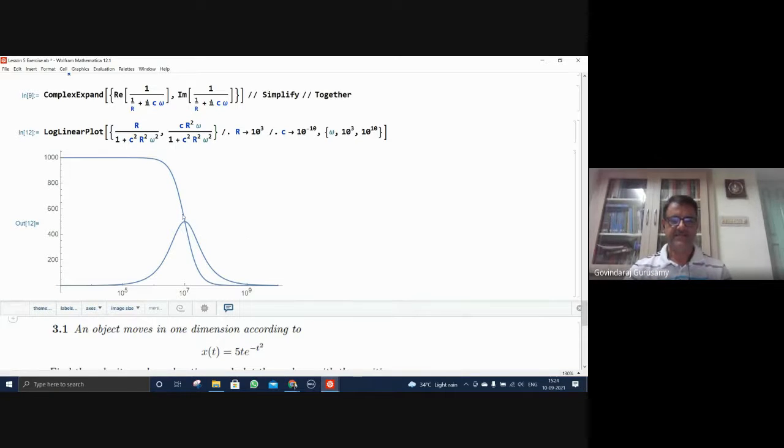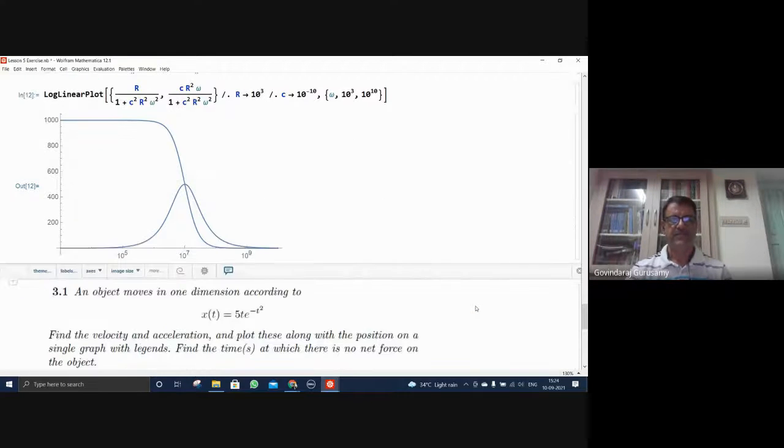You can see there is a resonance around this. When the time constant equals the frequency, 10 power 7, they are meeting at this point. The real part is this, and this is the imaginary part. You can see this is such a useful tool for us to get the time constant.